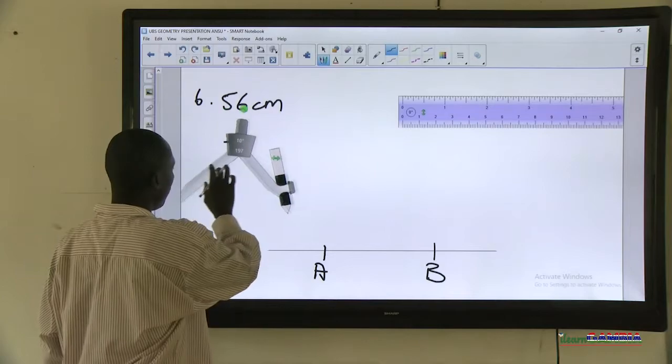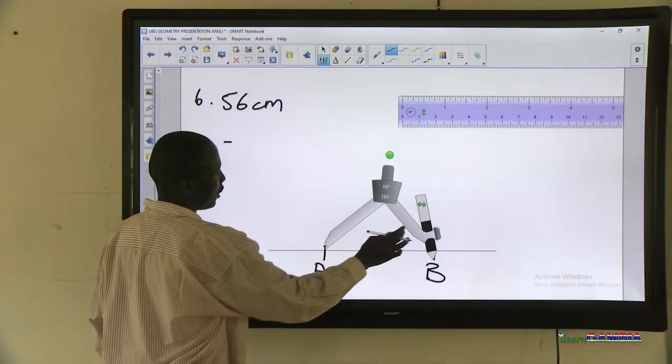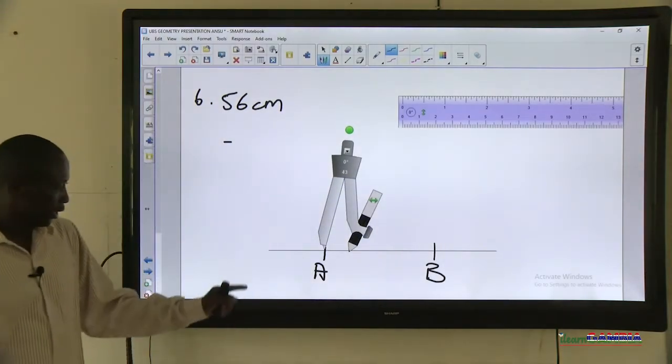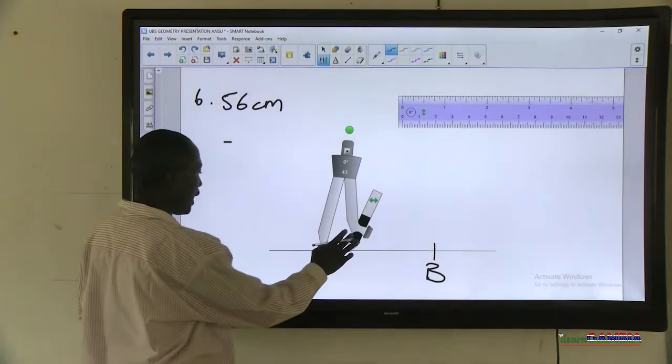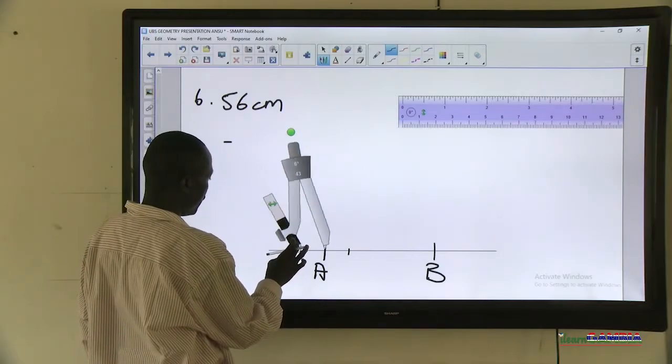So we draw an angle of 90 at A. How do we do that? It's a simple process. We go to point A, take the compass and mark 2 points on that line.